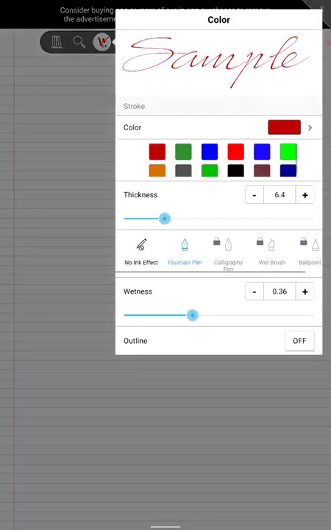Now our tense is continuous. Okay, the tense is continuous.